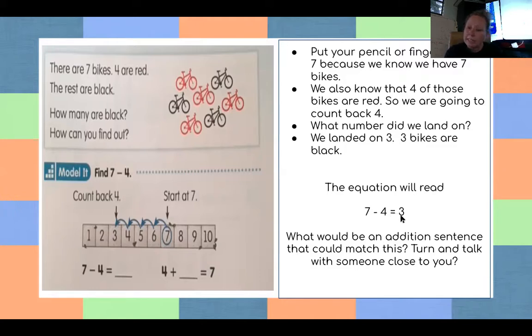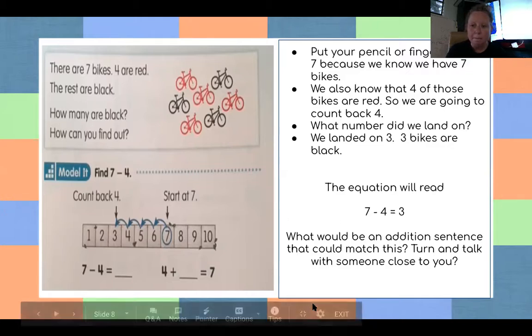What would be an addition sentence that could match this? Turn and talk to someone close to you. If you need more time, push pause.